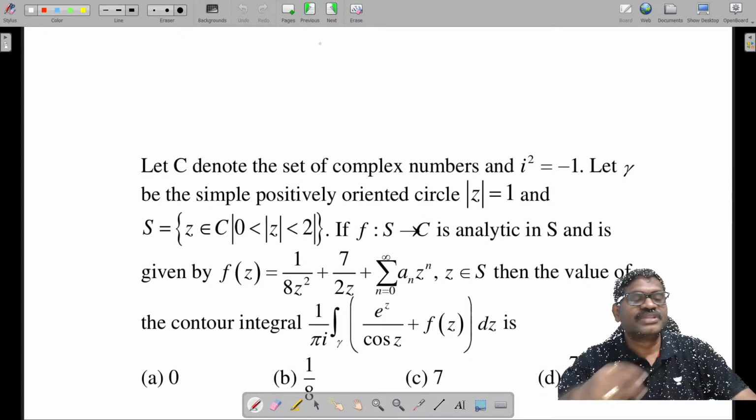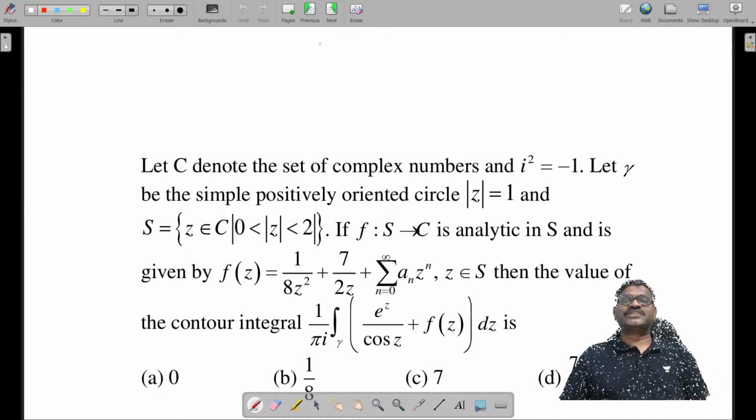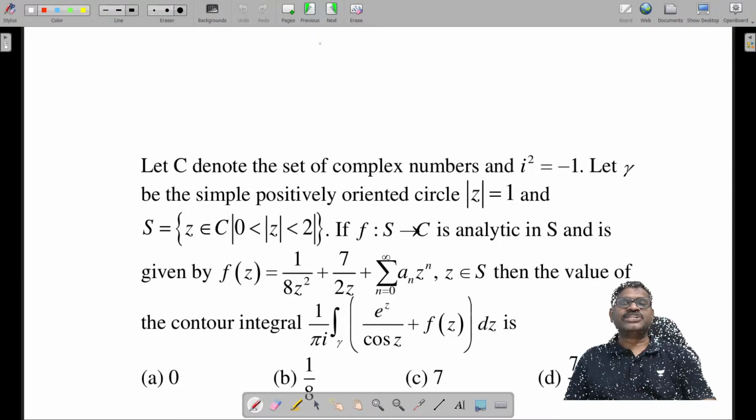Next problem. Let C denote the set of complex numbers and i square equal to minus 1. Let gamma be the positively oriented circle mod z equal to 1, where S is the set such that z belongs to the complex plane, 0 less than mod z less than 2, means a circle with center 0 and radius 2.